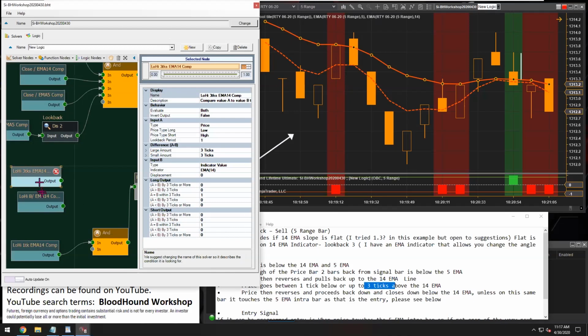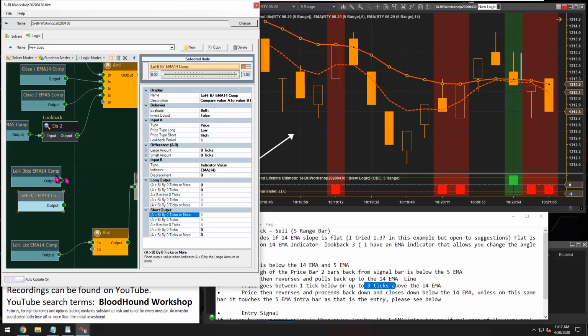So it takes 2 solvers to do that. This solver here is saying A equals B within 3 ticks. And this solver here says our high price needs to be above the EMA.